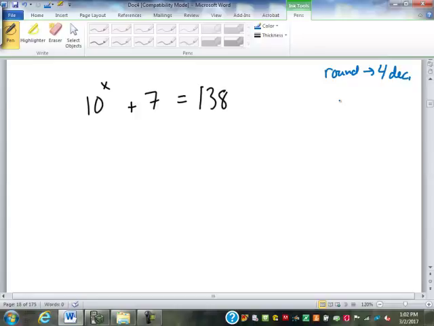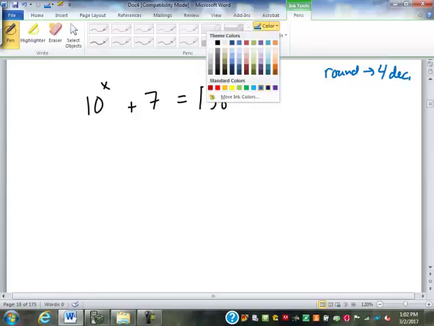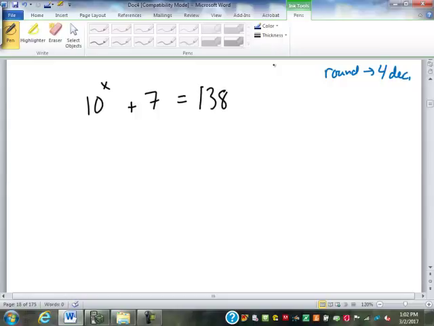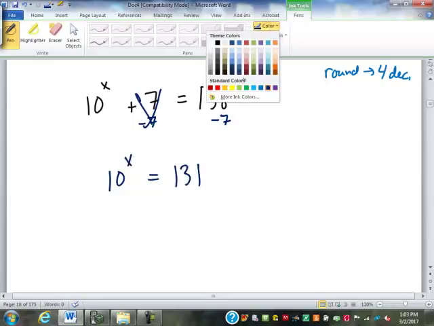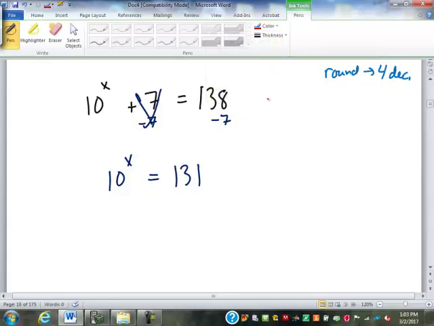So to solve this, the first thing we have to do, just like in any other equation, is try to isolate the variable. So the first thing we have to get rid of is the 7 that's added. So we're going to subtract the 7. So we have 10 to the x equals 138 minus 7, which is 131. So now we've got that exponential part of this equation by itself, the 10 to the x. To get rid of that, the opposite, as we set up above, is a log.